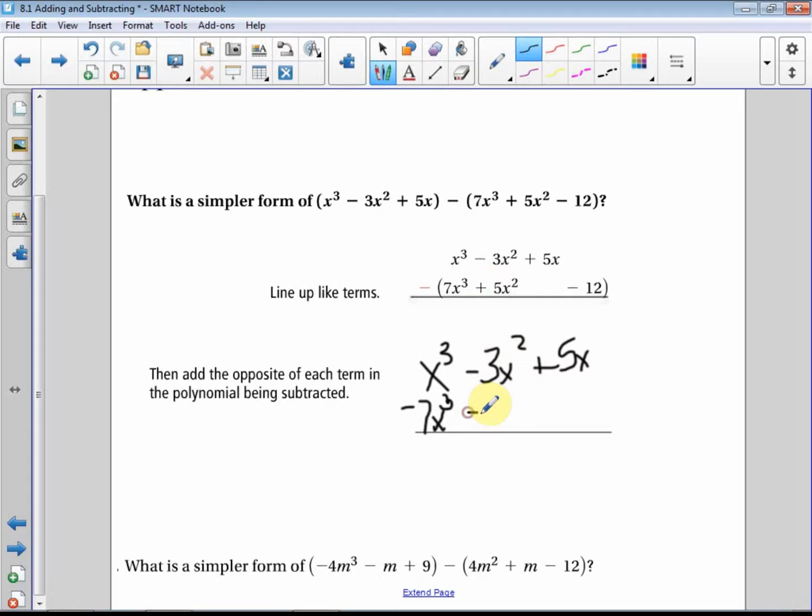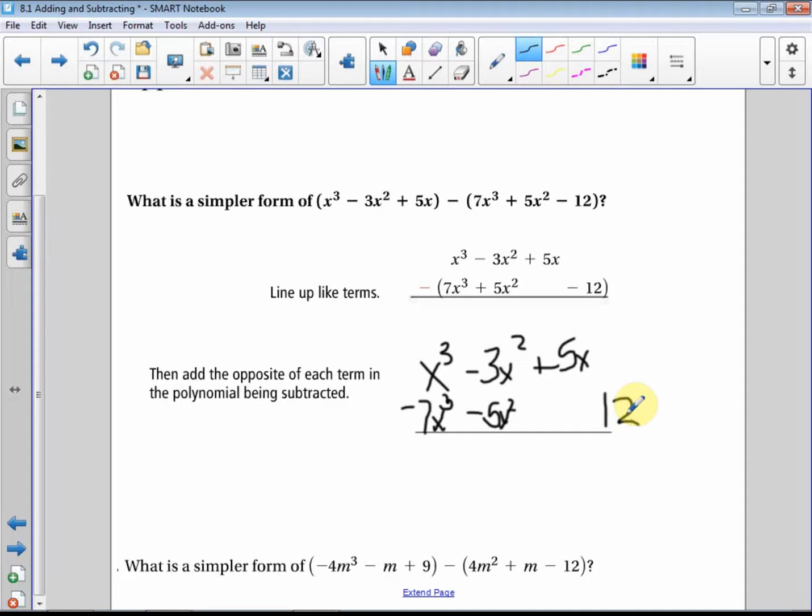I will have a minus 5x squared. I don't have an x term, so I'm not going to write anything right here. That way we know not to add anything or subtract anything from it. And I have my constant over here. It's a negative 12. A negative times a negative 12 is a positive 12.